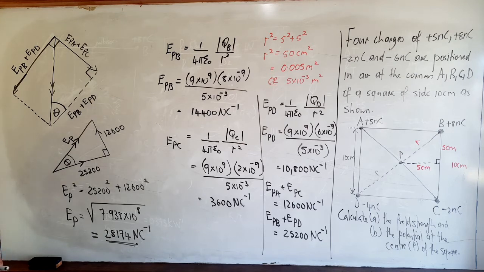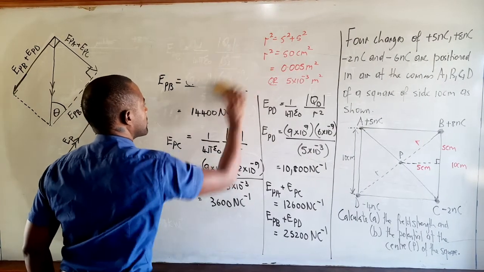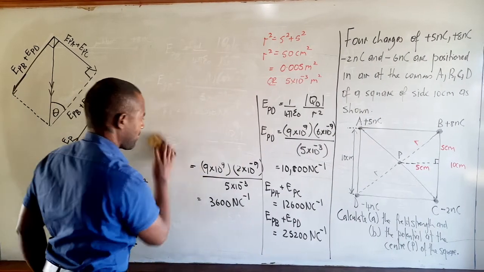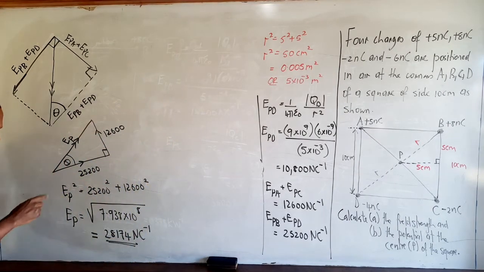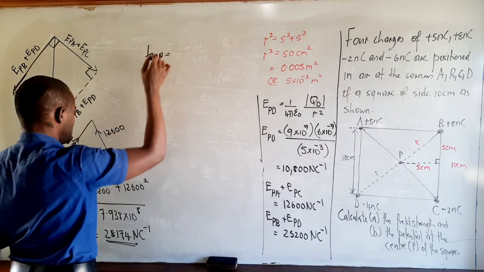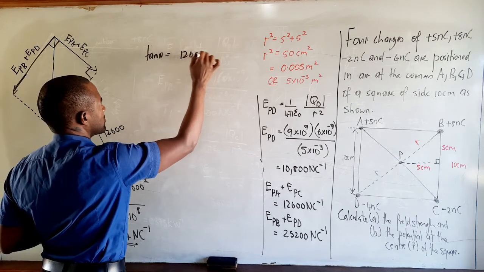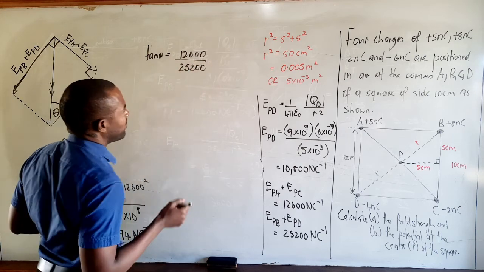So because, of course, field strength is a vector quantity, we must now go ahead and find our angle, right? So this is our angle theta with respect to the horizontal. So using the tangent ratio, we say that tan theta is equal to opposite over adjacent. So tan theta is equal to 12,600 divided by 25,200, which is looking like 0.5.